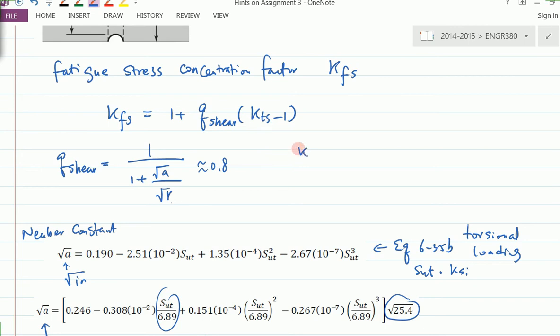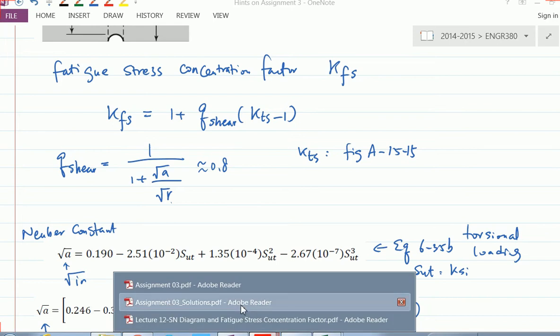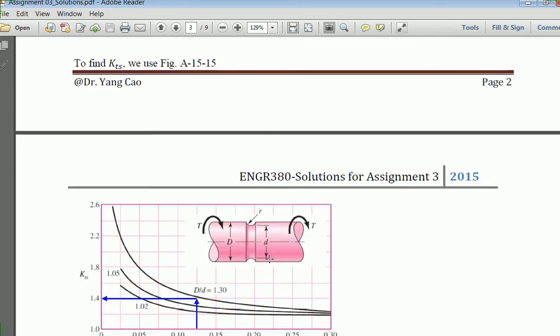So KTS, you can find that from the table, from the figure. I'm going to show it here from figure 8-15-15, because 8-15-15 is the loading condition, the same as the current question.